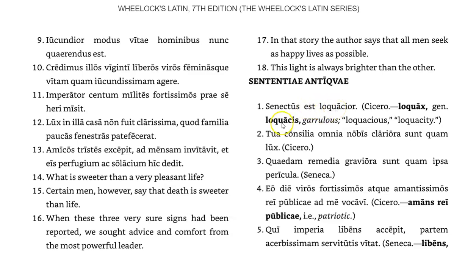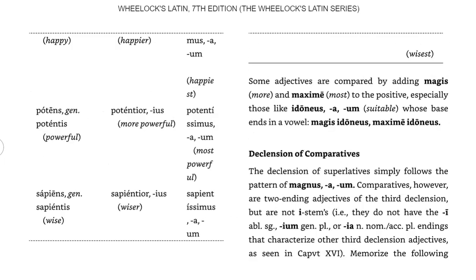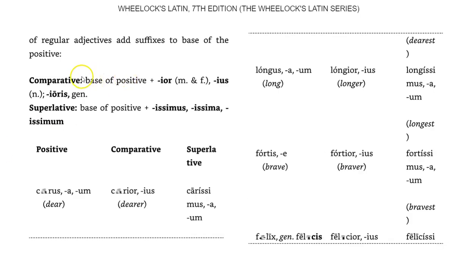And then literally senectus is more loquacious. In fact, our word loquacious, you can see the word right here, comes directly from the Latin. But here we have the IOR, which tells us that we need the comparative form, because that is the rule for Latin. So if we go back, here's our comparative IOR.